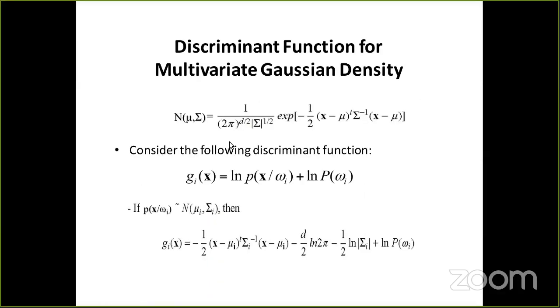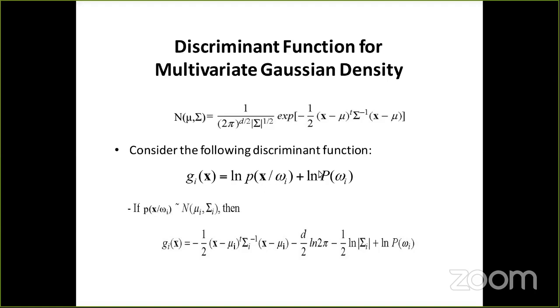The reason I showed the Gaussian plots is because we can use the Gaussian distribution as our machine learning model. For example, if we have a mean and a variance, this is how the normal or Gaussian distribution looks, and we can use this as our discriminant function. The discriminant function is basically the log of p of x given omega i plus the log of p of omega i.